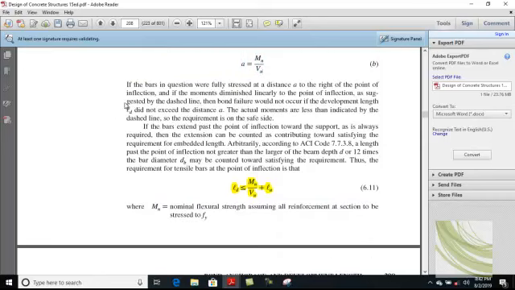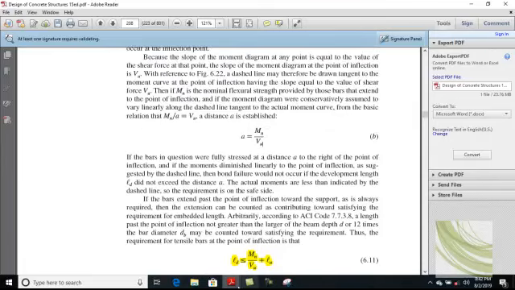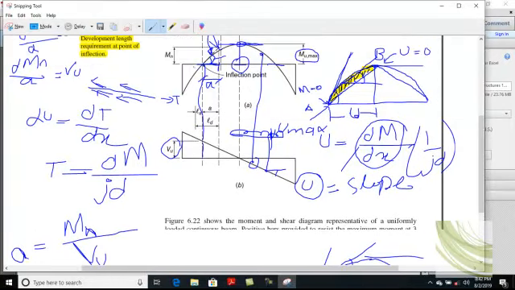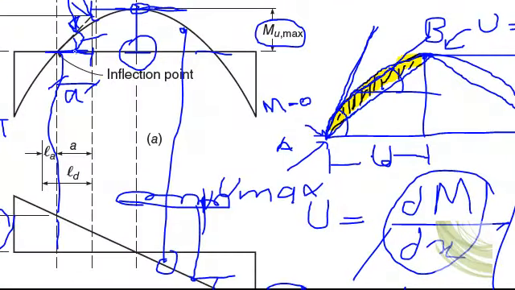Okay. Now you must know that Mn is basically the moment capacity of those bars which are extended right to the point of inflection. It is not necessary that all the bars provided here are extended to this point, because in limiting cases the development length reaches the point of inflection.